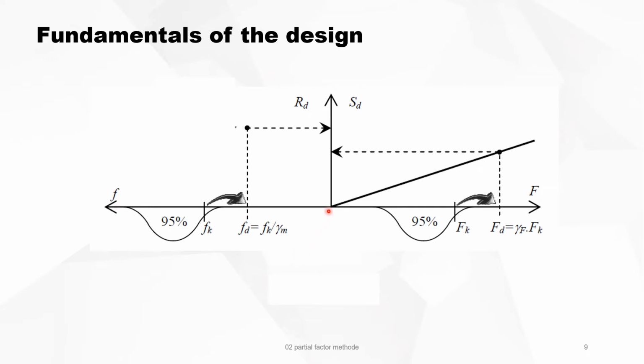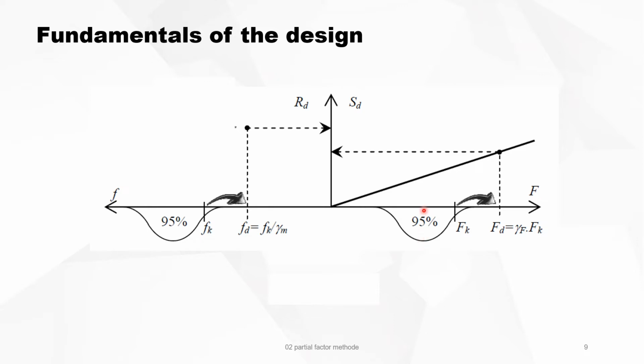If you now make a graph, and on the x-axis you put the force, and on the y-axis you put the resistance. Now, if you look, the force is in fact a probability variable. It's a variable with a certain probability distribution with a mean and standard deviation.